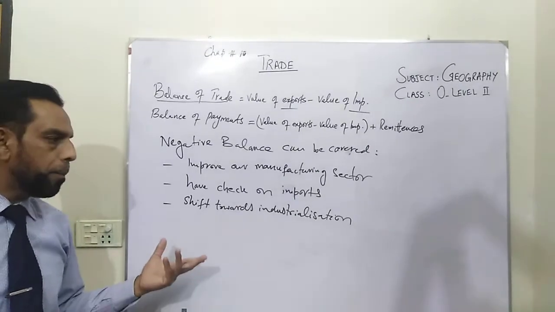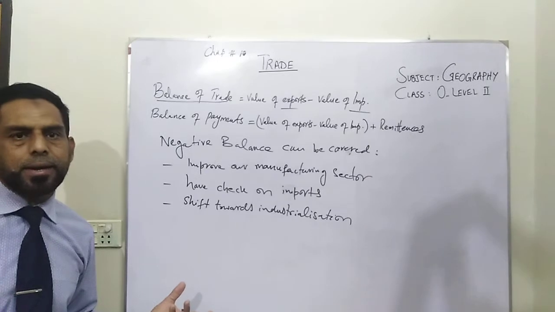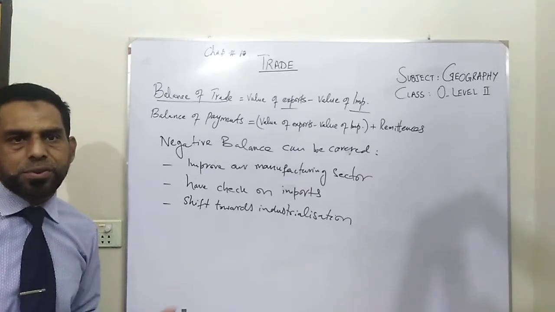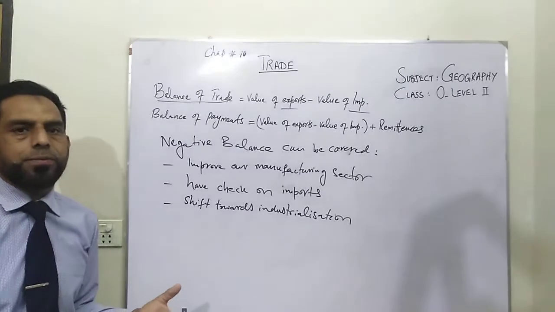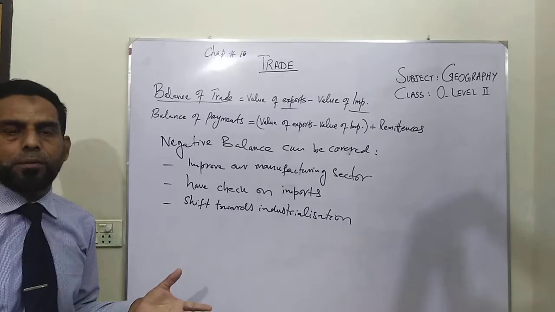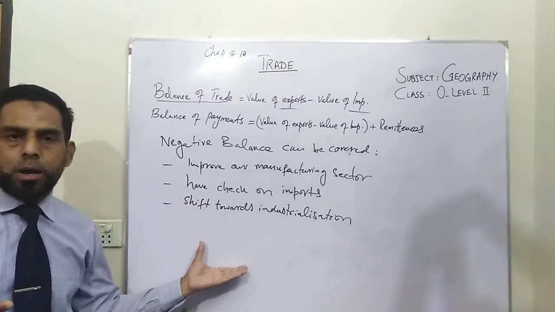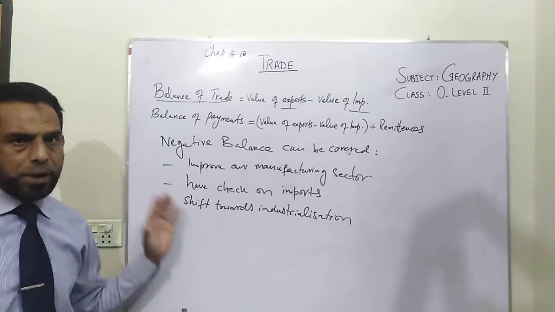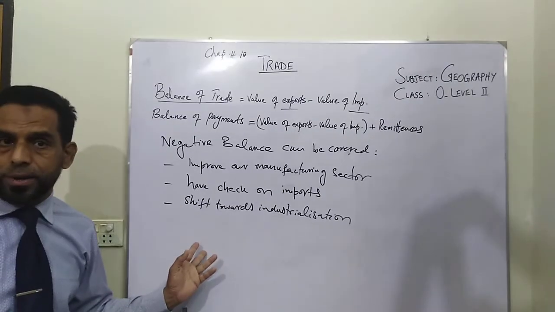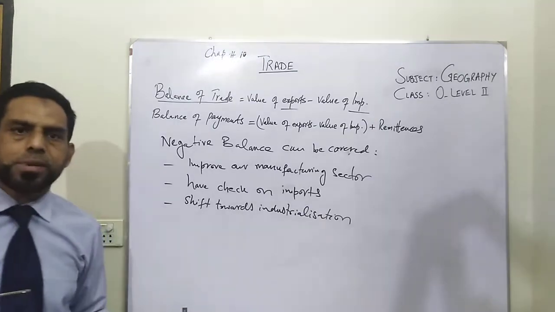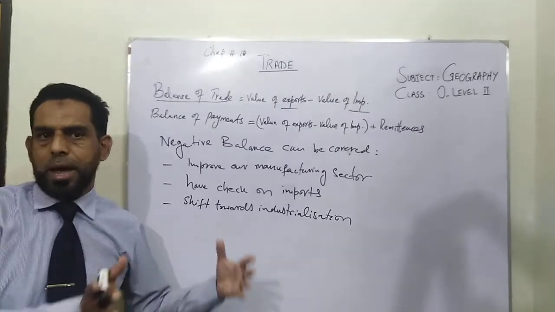We also need to develop ways to generate our own electricity locally, so that we avoid expensive ways of generating electricity and spending our foreign exchange. So we need to save our foreign exchange by taking these steps so that the negativity can be improved to a certain extent.